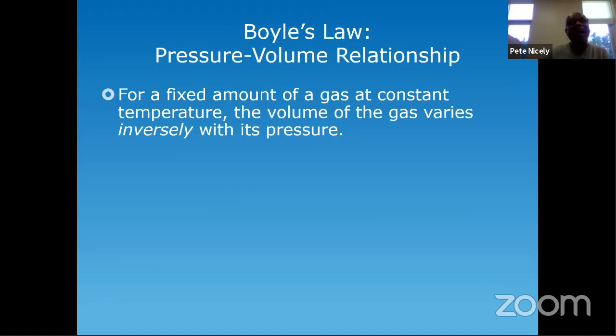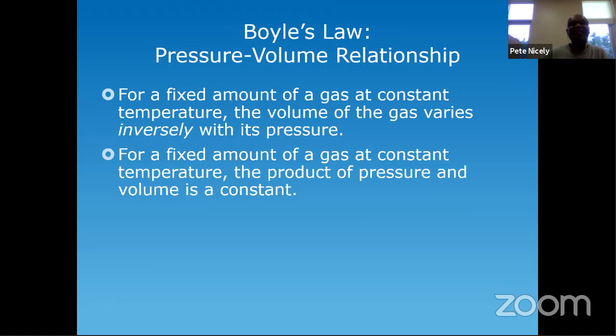Another way of stating it is that the product of the pressure and the volume is constant for a gas of a fixed amount at a constant temperature. These are two statements basically saying the same thing. You can also express Boyle's law mathematically, and that is P times V equals a constant.